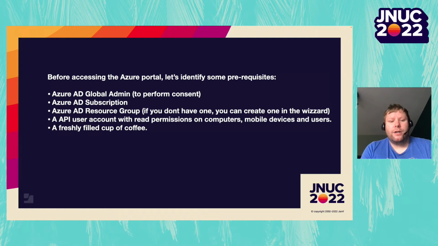We need an Azure AD resource group. If you don't have one, it's not that big of a deal; we can generate one during the process. And lastly, we need a Jamf API user account with read permissions for computers, mobile devices, and users. Lastly, a fresh cup of coffee helps. It's not mandatory, but if you have one, it definitely helps with the process.